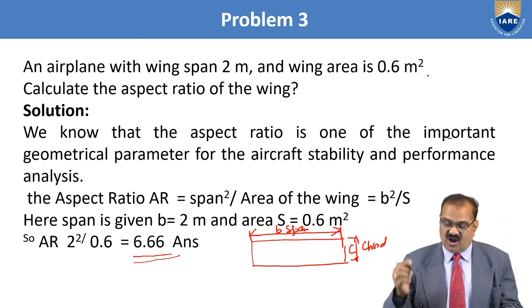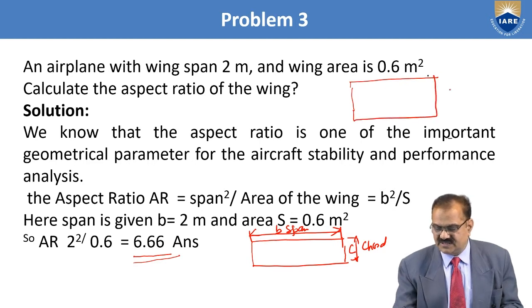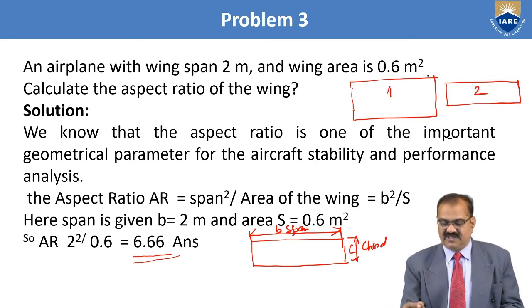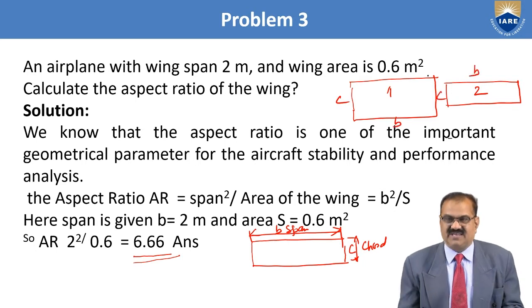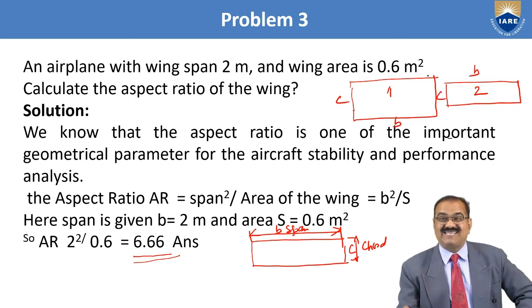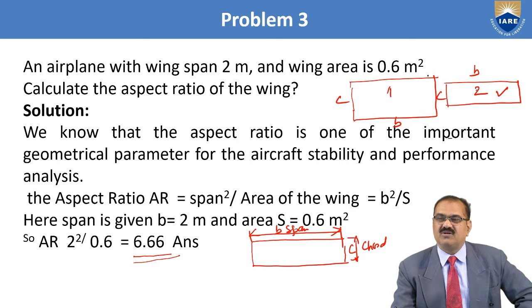If you see from the top view, 2 aircraft are there. This is the 1 and this is the 2. This is the C, this is the B, this is the C, and this is the B. By seeing this, we can see that aircraft number 2 has more aspect ratio because B is the same but C is less.